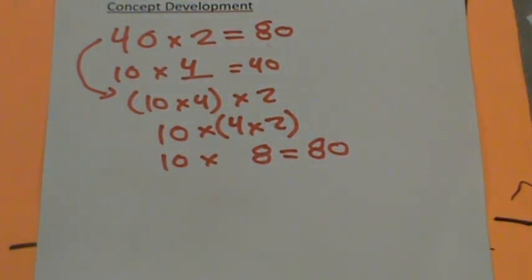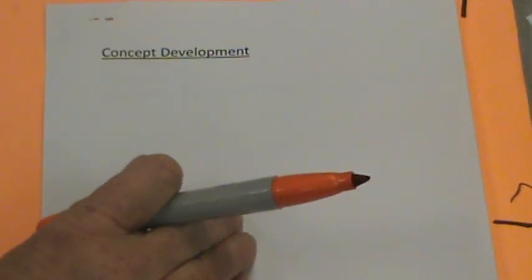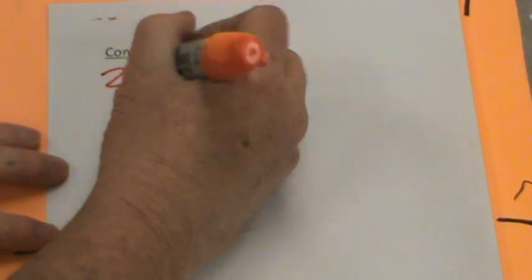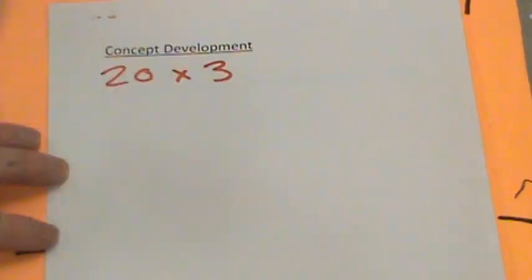We're going to flip this paper over, okay? Going to flip the paper over and use just a blank piece of paper. Mine says concept development on it, that's okay. So we're going to have this piece of paper, and we're going to do 20 times 3, okay? So how can we break this down?